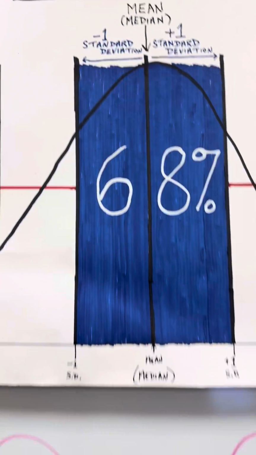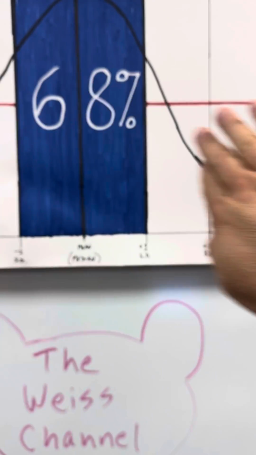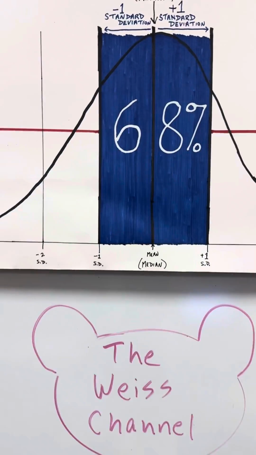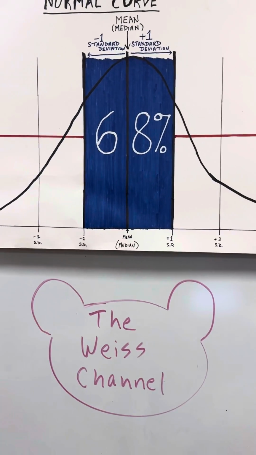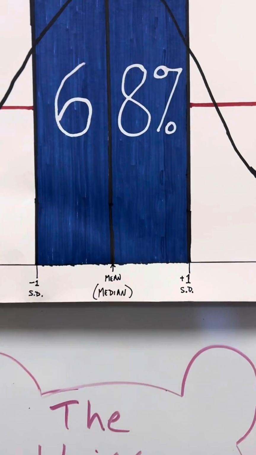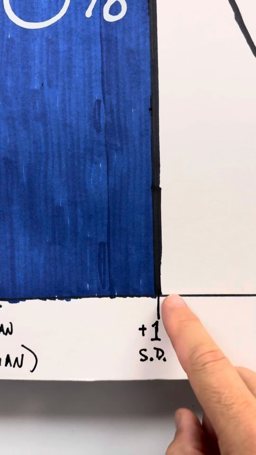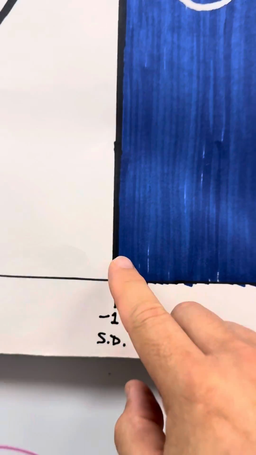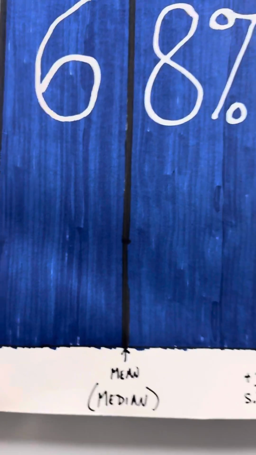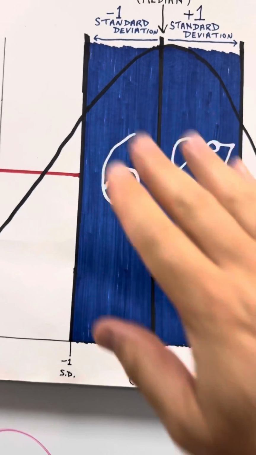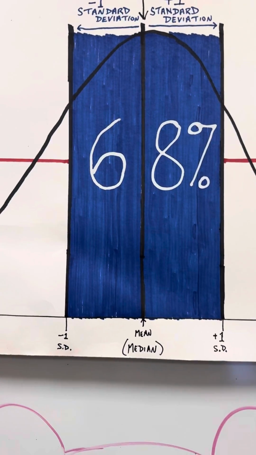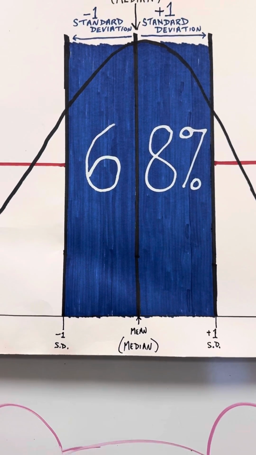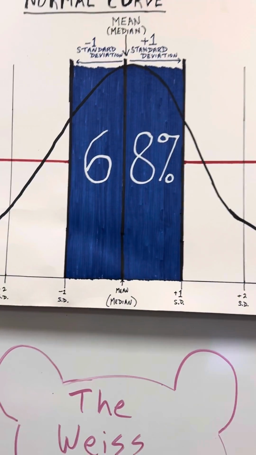And you have exactly half of the data on one side of the mean and half of the data on the other side of the mean. Now, if you are one standard deviation to the right and one standard deviation to the left, all of the data inside that area within one standard deviation is going to be 68% of the data.